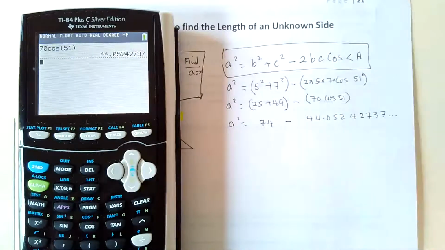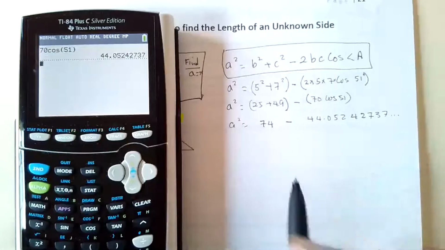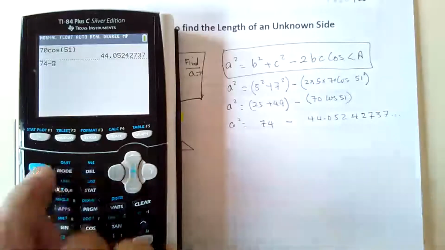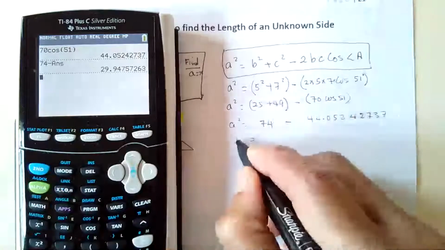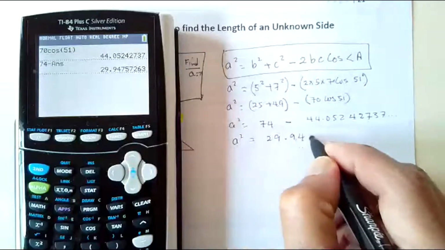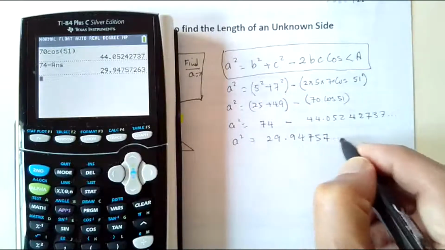And this goes on. 74 minus my answer gives me 29.94757.